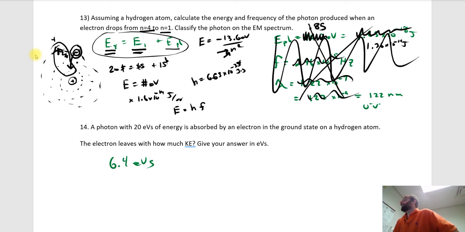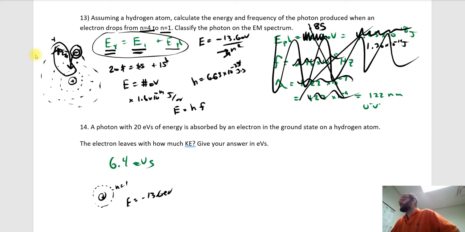Let's see. Number 14, a photon with 20 eVs of energy is absorbed by an electron in the ground state. How much kinetic energy is the thing going to leave with? Well, remember what these energies are. So you've got your nucleus. Here's my n equals 1 state. So the energy of this in the ground state is minus 13.6 eVs.